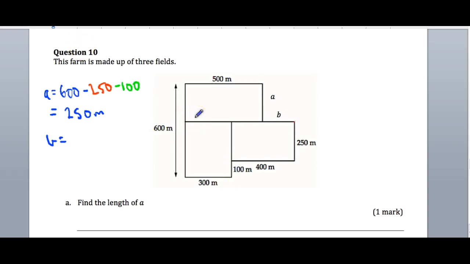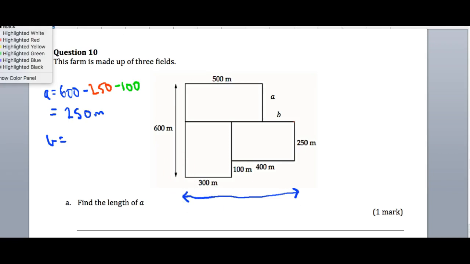And now we're finding B. Now, they told us before this was 600, but we haven't actually got this whole length. So how about we put it in? Okay. And let's just again highlight what we know. So this is 300.